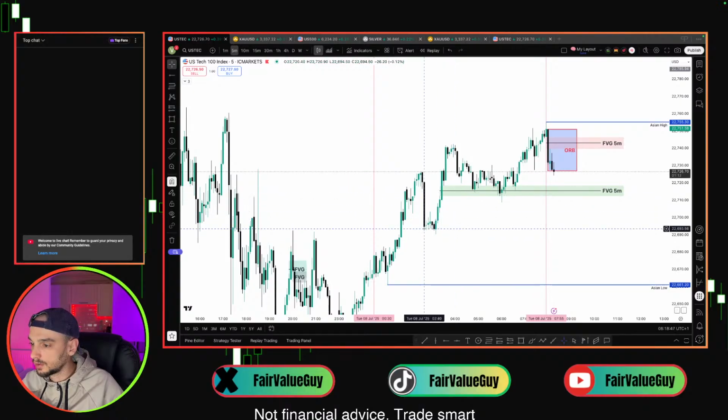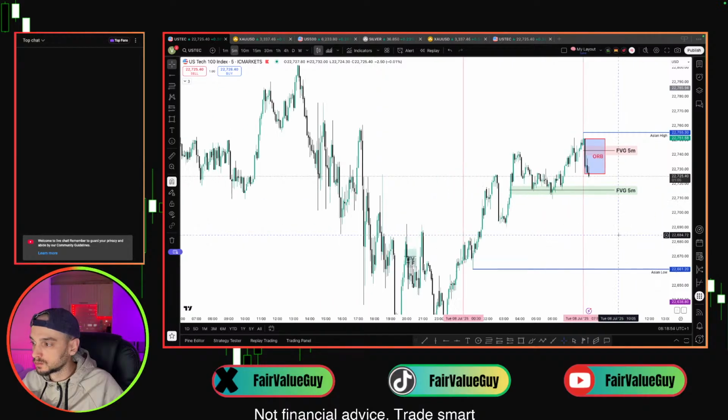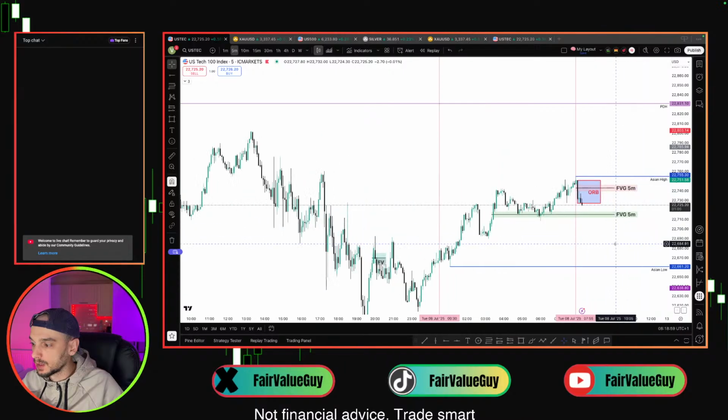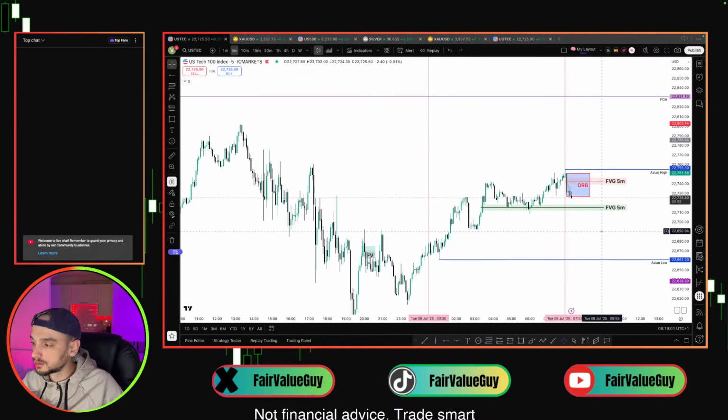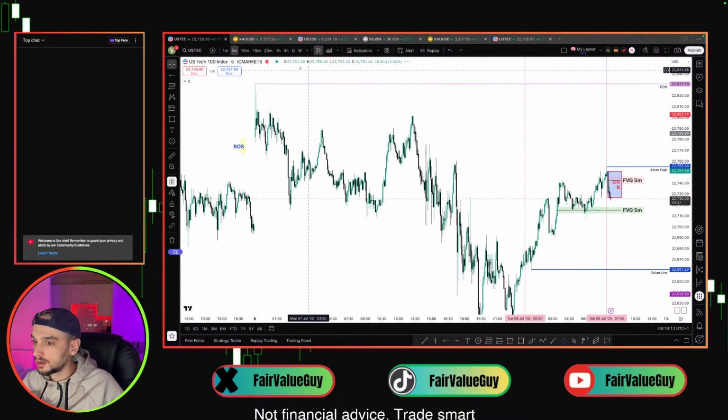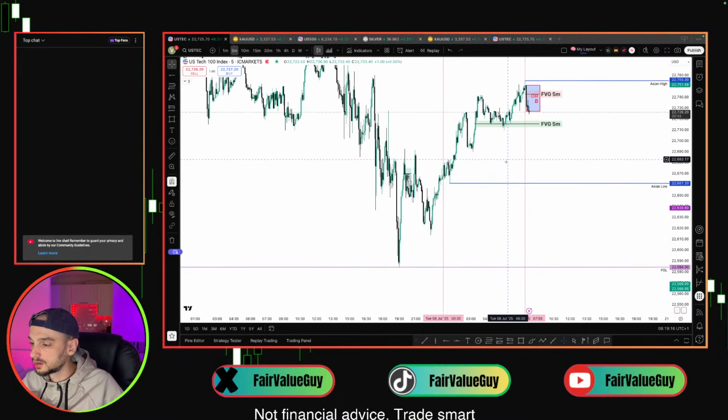Look at this inverted fair value gap. I don't think I want to short Nasdaq, to be honest, guys. I just like this liquidity right here. The previous day high, I like all of that here. I'm less interested in that, not gonna lie.